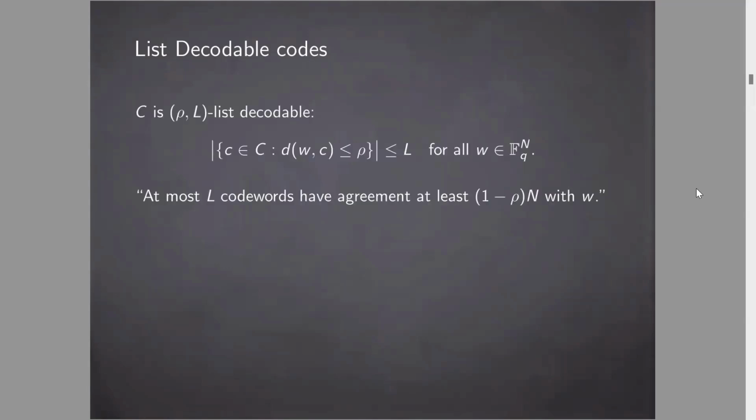And formally speaking, we'll say the code is rho, L list decodable if given any received word w within the Hamming radius rho, there are at most L many possibly correct code words. In other words, at most L code words have agreement at least (1 minus rho) times n with the received word w.